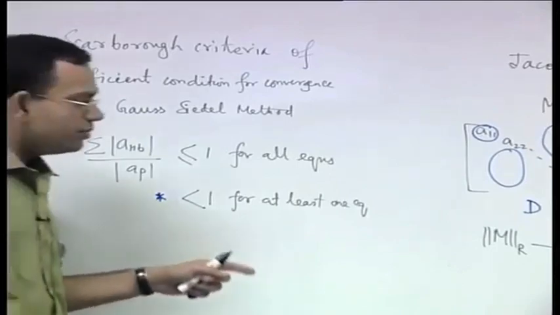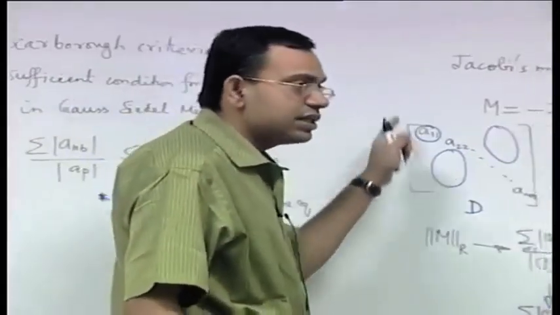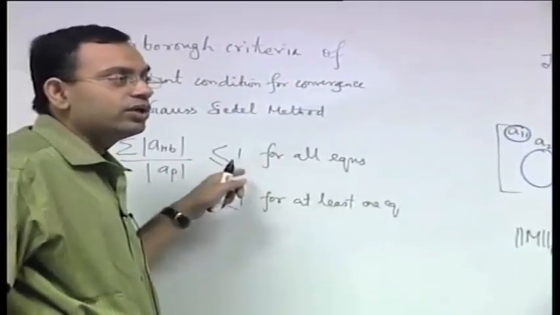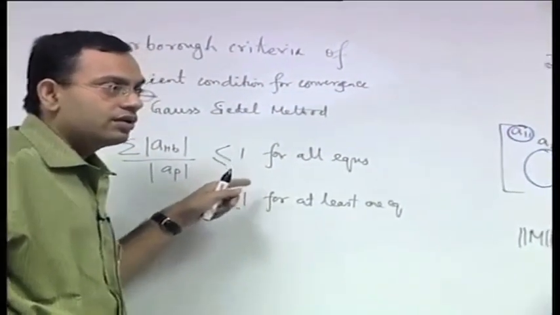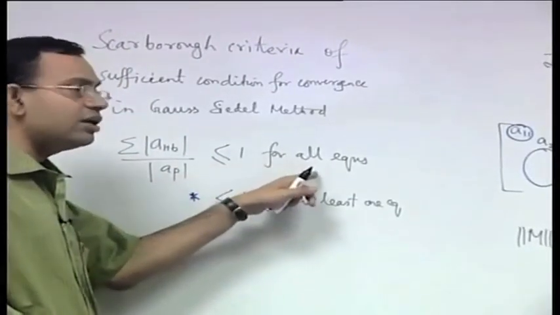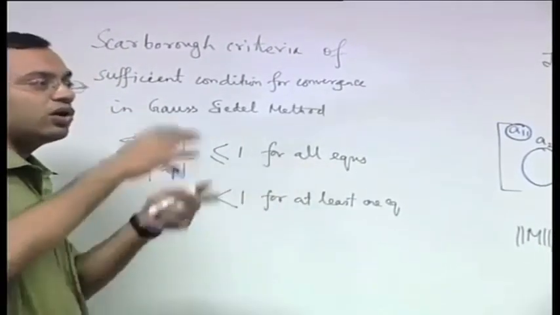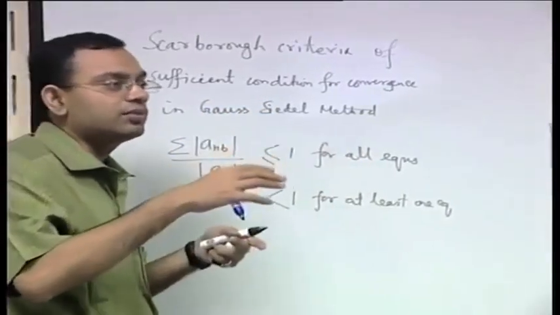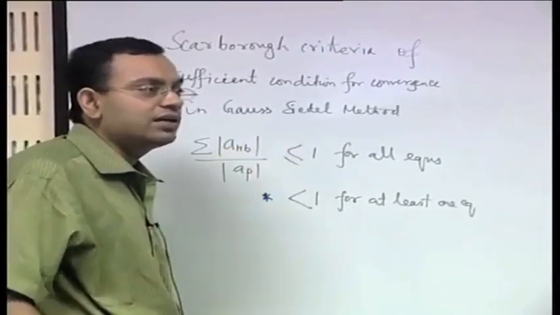From the mathematical perspective that we have discussed so far, less than or equal to 1 for all equations would have been good enough, because that means for all rows considered together this is less than or equal to 1, so the maximum row sum norm is less than or equal to 1.